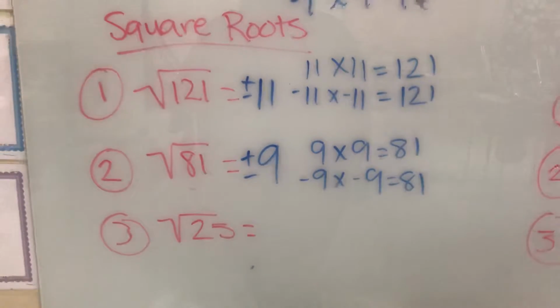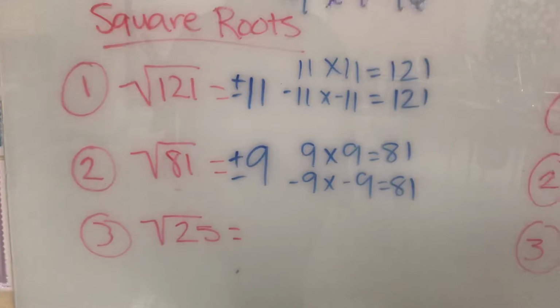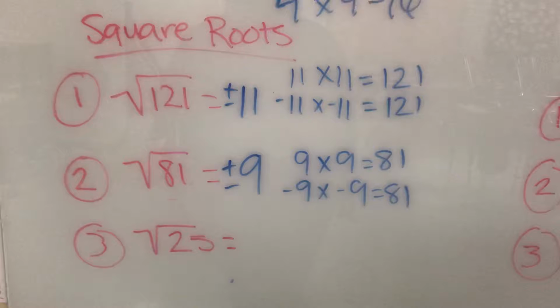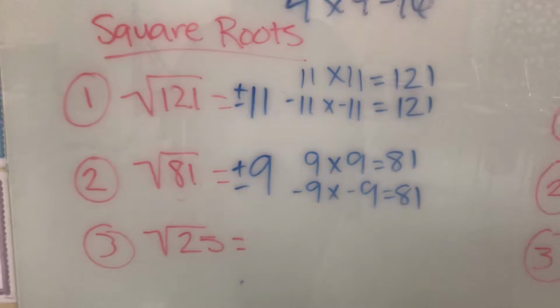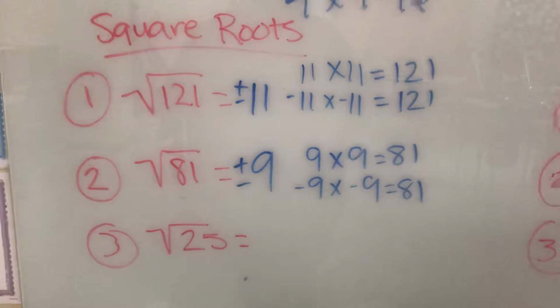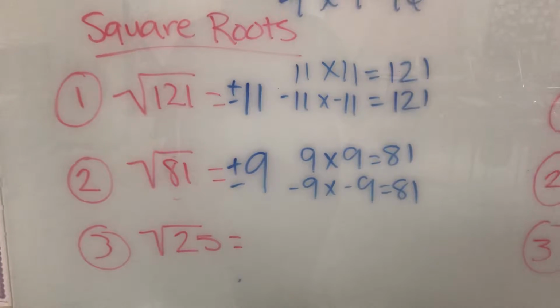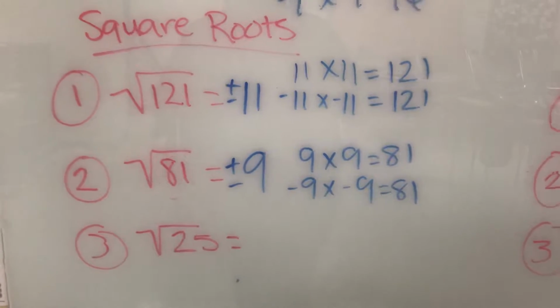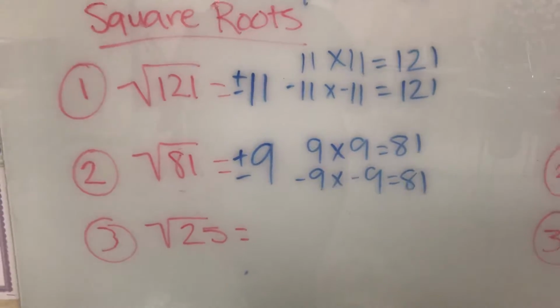So I'm going to give you guys a few minutes to figure out what is the square root of 25. And we're figuring out what times itself is going to give you 25.